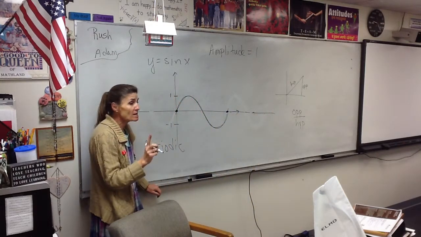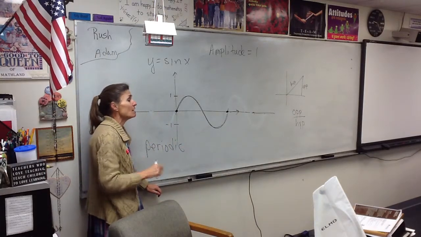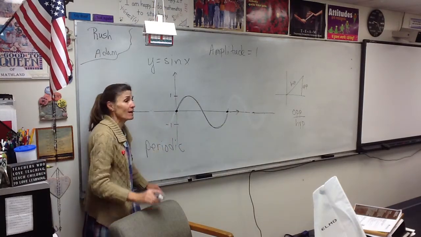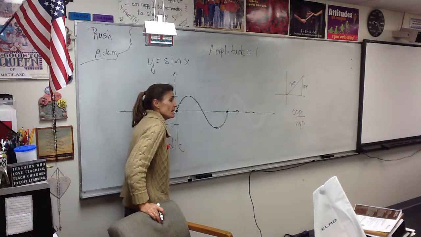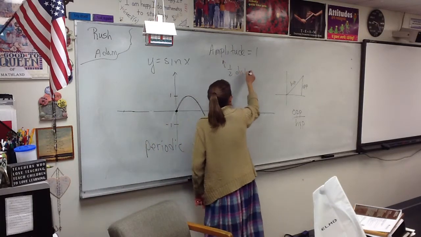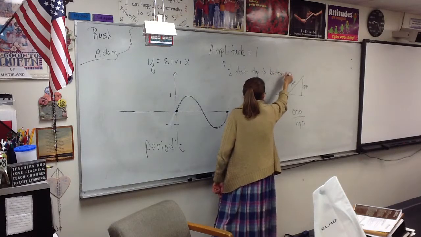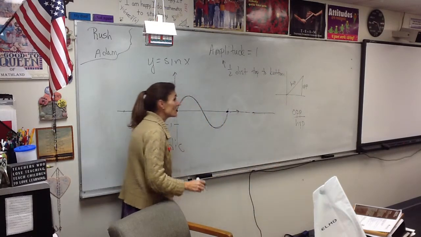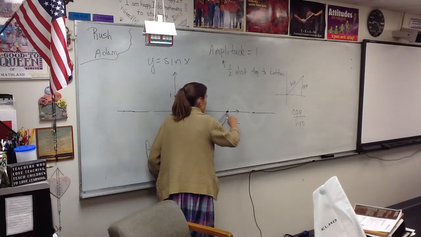The amplitude of a standard sine curve is 1. Now we can change that by putting numbers into the problem, but the standard sine curve has an amplitude of 1. By definition, amplitude is half the distance from the top to the bottom. You can think about it as the height of the wave or the depth of the valley.